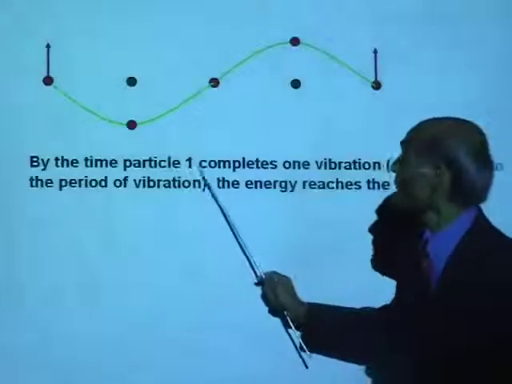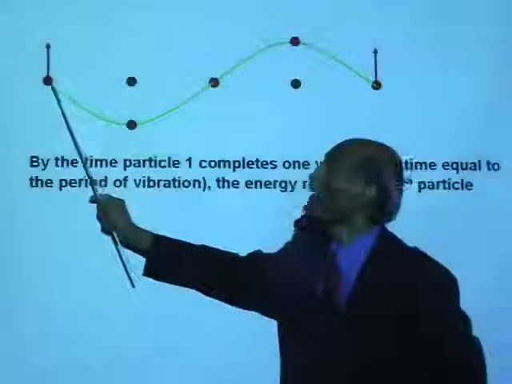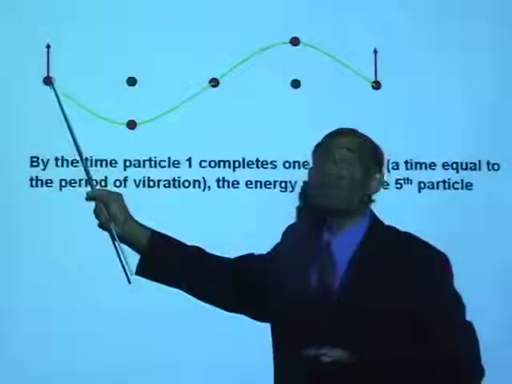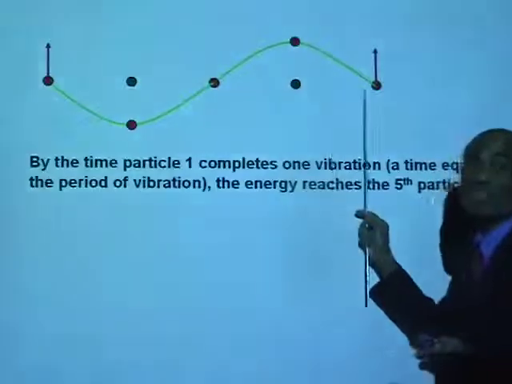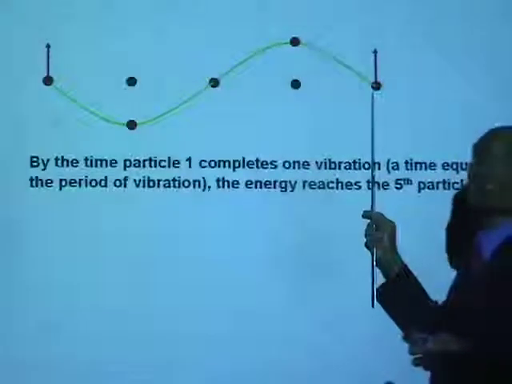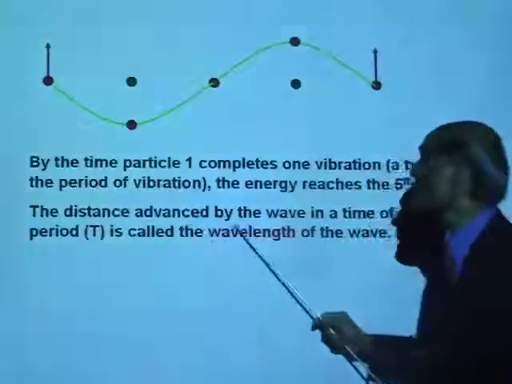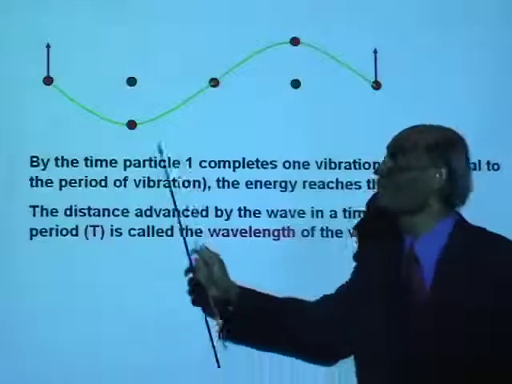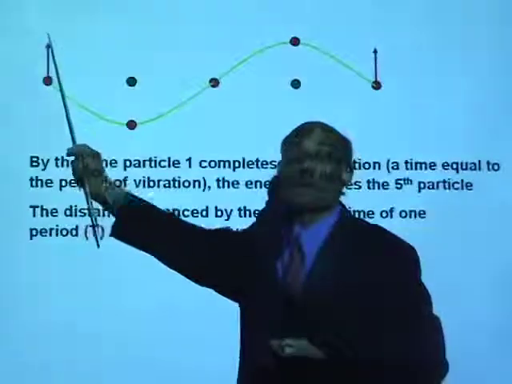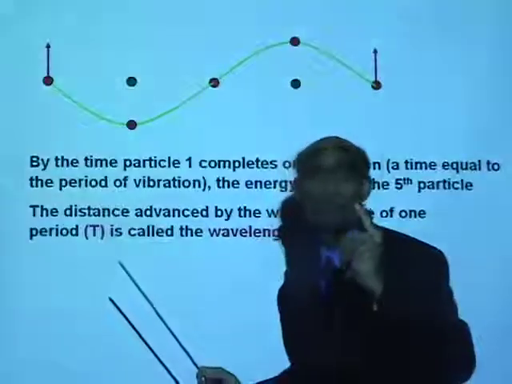By the time particle 1 completes one vibration, look, the energy has reached the fifth particle. You see? Very important information. The distance advanced by the wave in a time of one period. You see? The time taken by the first particle to complete one vibration is one period.